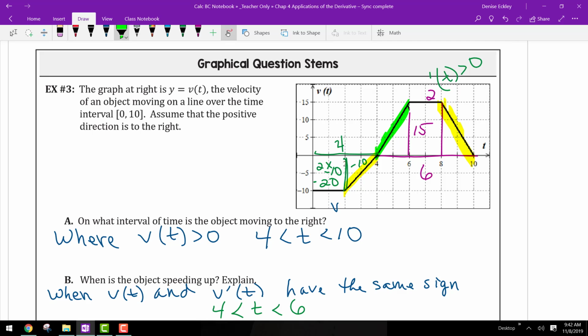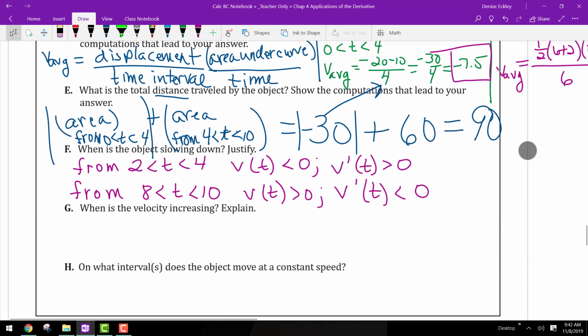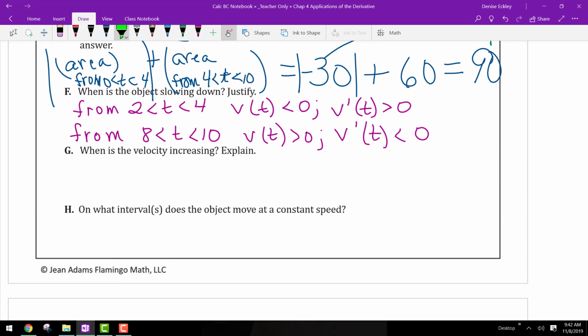We have a positive slope on that part of the curve, and we have positive velocity. We have no negative slope with a negative velocity. So that green section is the only section where that occurs. So we're going to write between 4 and 6.